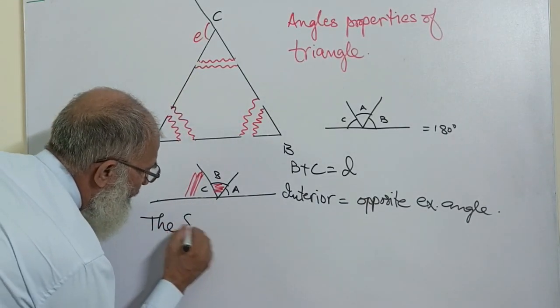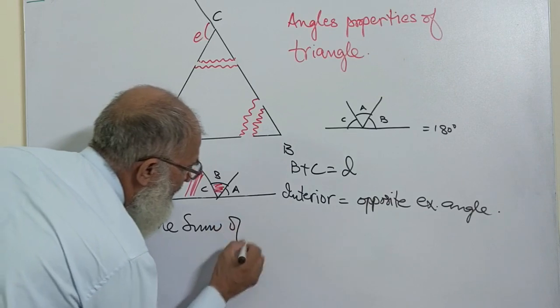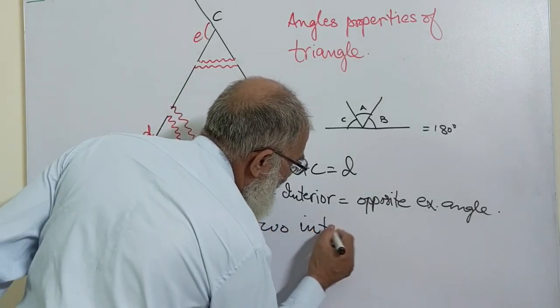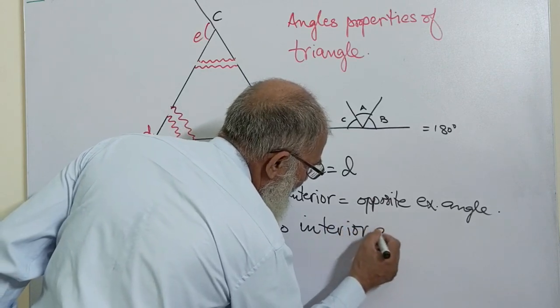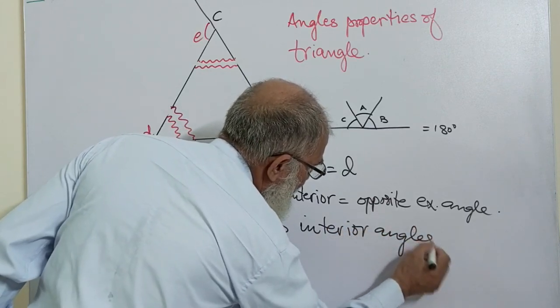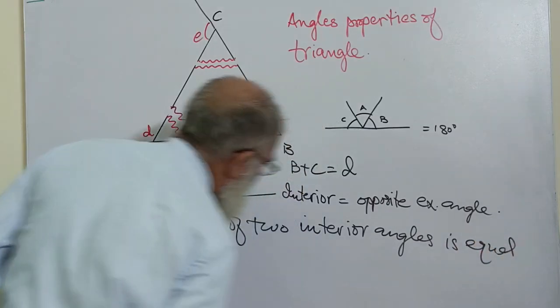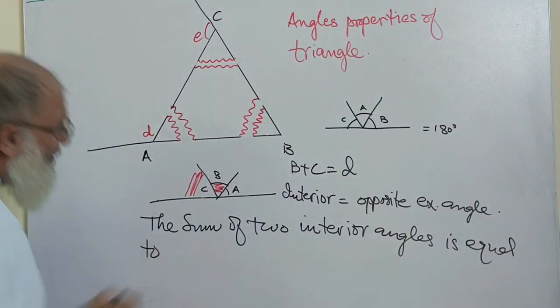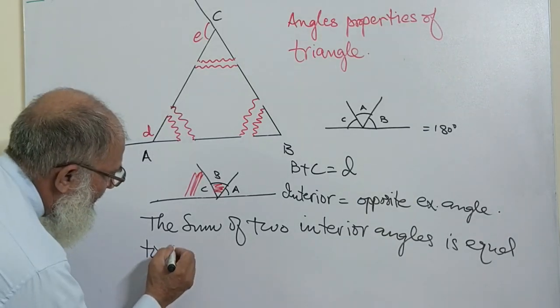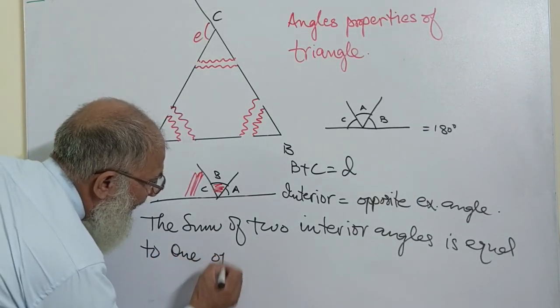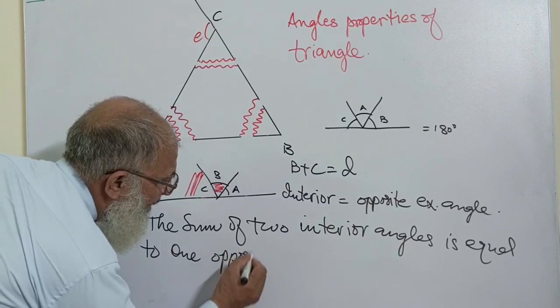The sum of two interior angles is equal to one opposite exterior angle.